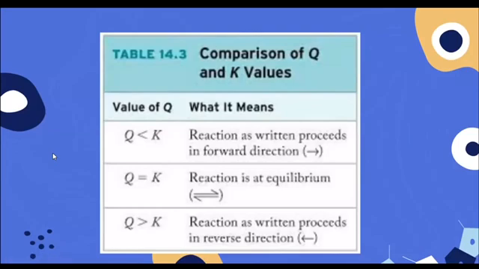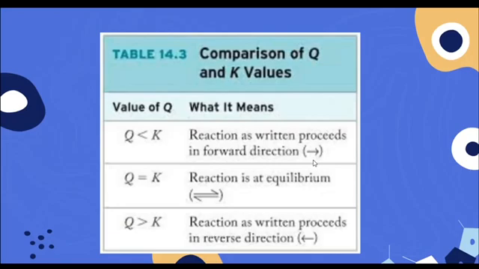Now for the comparison between Q and K values. We have to understand first that Q always wants to be equal to K, as I said previously. That is why when Q is less than K, Q will want to increase itself so it can be equal to K, which will make the reaction proceed in the forward direction.